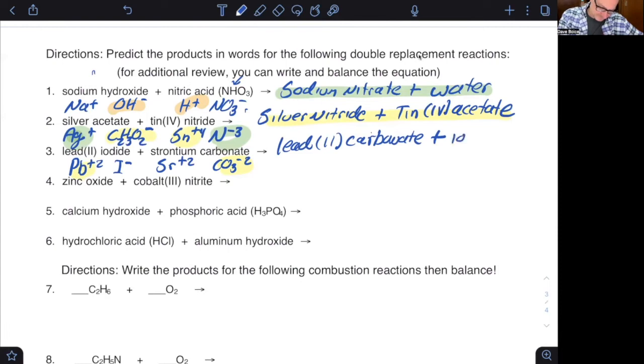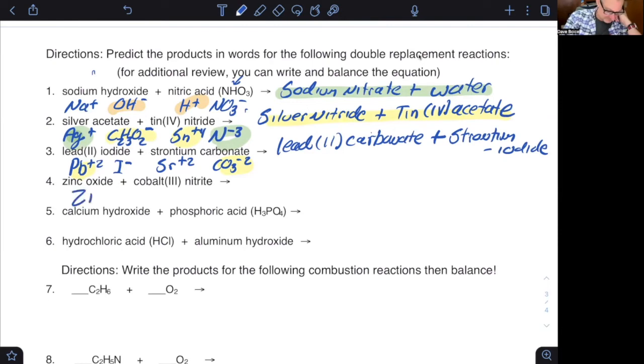So iodine, I'm sorry, whoops, oops. Thought that sounded weird. So strontium, positive always comes first. Strontium iodide. And so at this point, you should be able to go pretty quick.